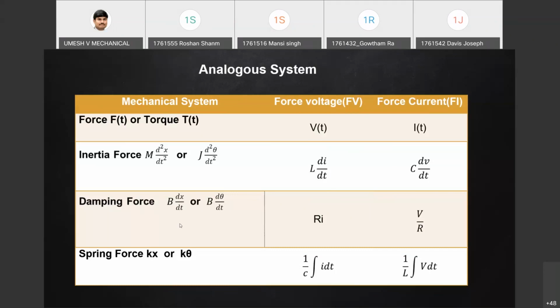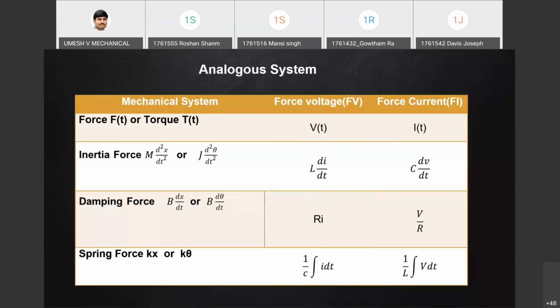B is proportional to the resistor R. K is proportional to the capacitor in force-voltage, and to the inductor in force-current. If you know this table, for any problem you can write the equation, and from that equation you can draw the equivalent electrical circuit.